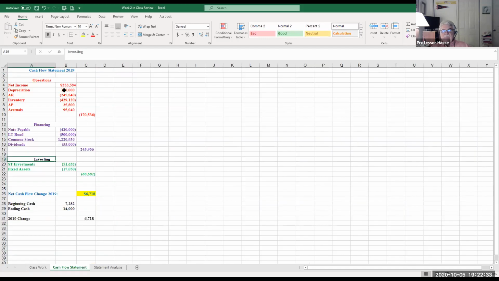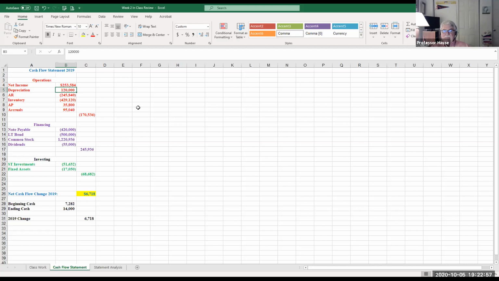Operating cash flow, net income, 253,584. That's from the income statement. Operating cash flow, positive depreciation, 120,000. Got that both from the income statement and the balance sheet. Wait a minute, Mr. Hasse, you're getting me all messed up here. Depreciation is cash flow?